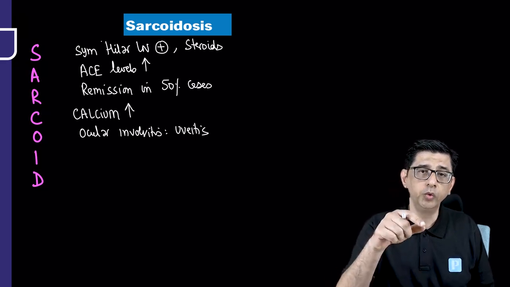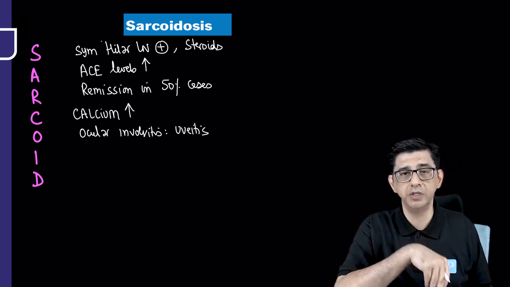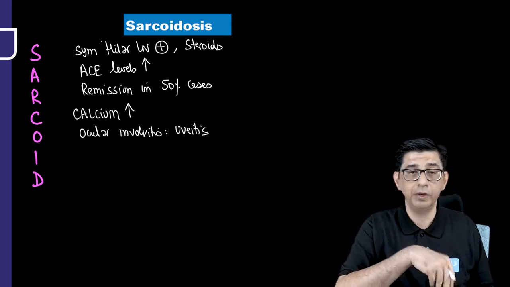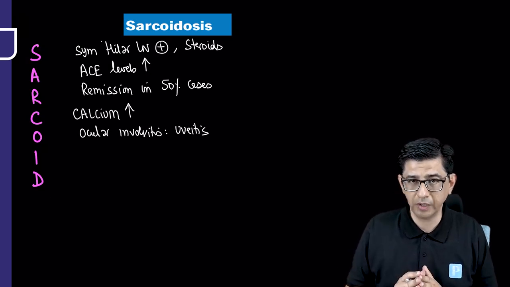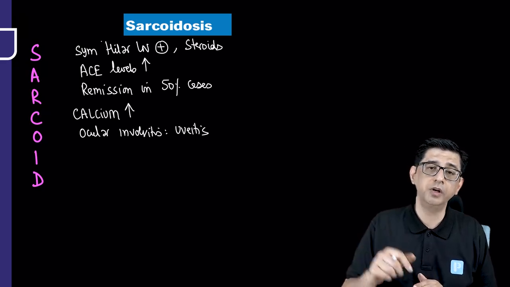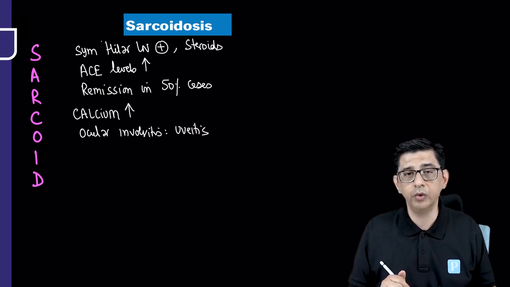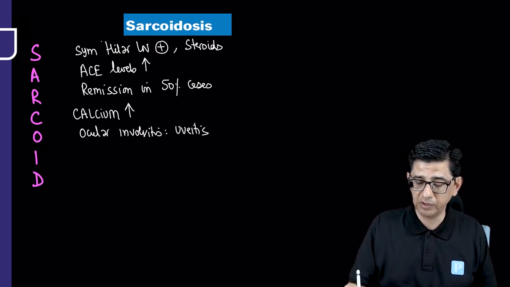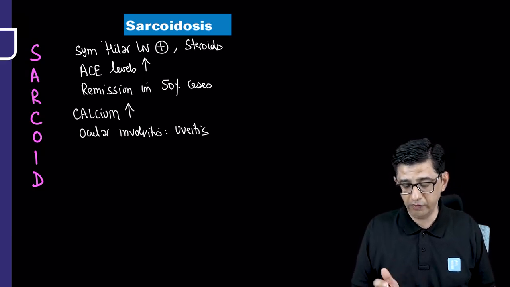You see, when you do a lymph node biopsy, in the periphery of a lymphoma also non-caseating granulomas can be present. So a pathologist will be in a dilemma, because I said non-caseating granulomas are seen in sarcoidosis, but they are seen in the periphery of a lymphoma as well. So the additional finding that would help us know that, okay, we're not dealing with a lymphoma, but with sarcoidosis would be an ocular involvement in the form of iridocyclitis or uveitis.